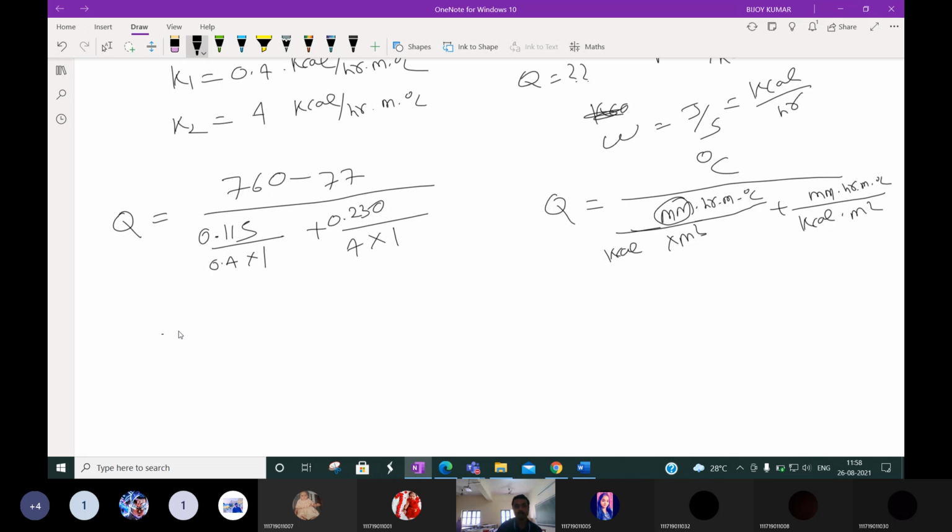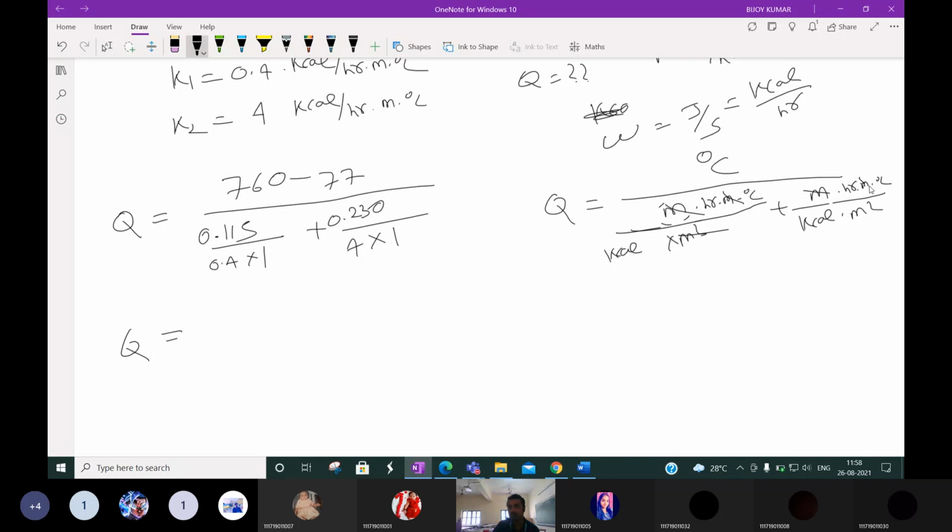Okay, if you calculate the value, what will be the unit of Q? Let me derive. Now we put this mm value in the meter unit. You see this meter into meter, below is meter square, so meter square will cancel.